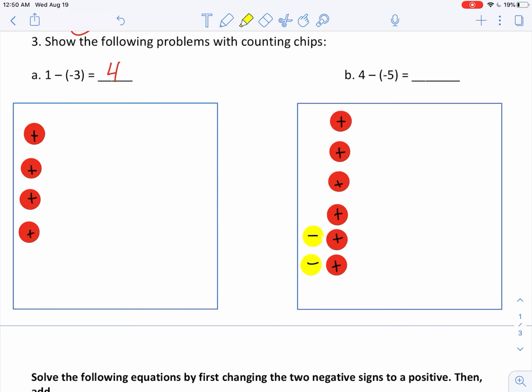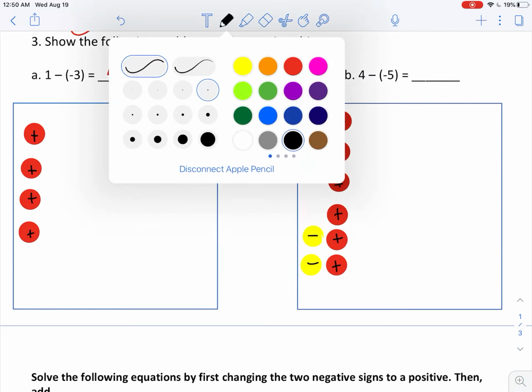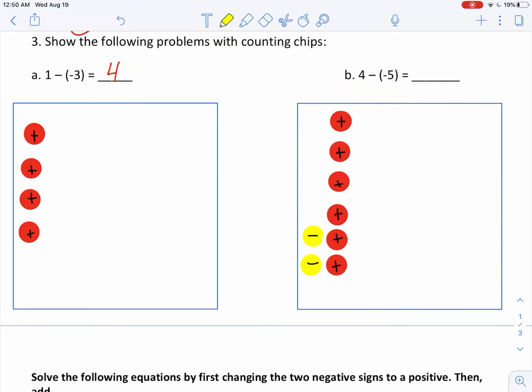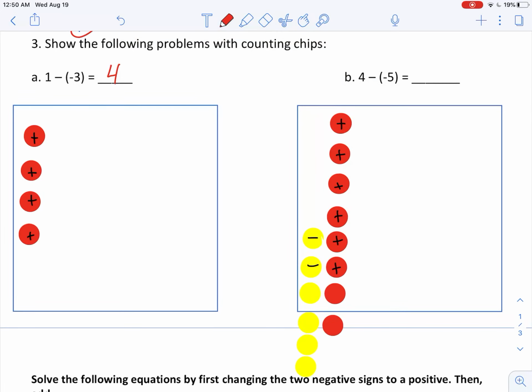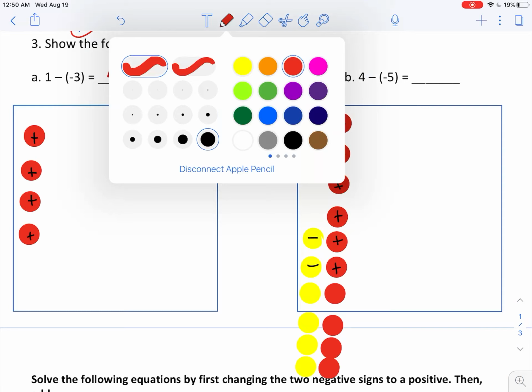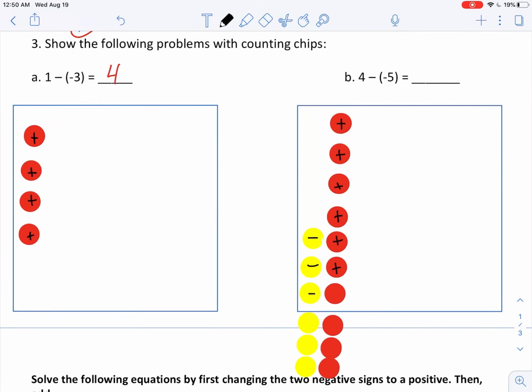And then, I'm going to have to make some extra 0 pairs, so just bear with me here for a second. And like we talked about in class, it doesn't matter how many zeros I add. I could add 0 a million times, but as long as I'm adding 0, I'm not changing the value. So here, let's make sure I've got 4 positives. So there's my 4.